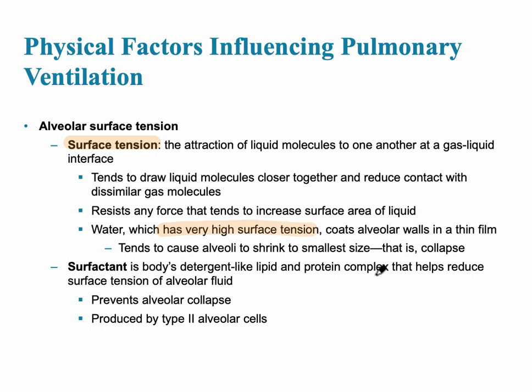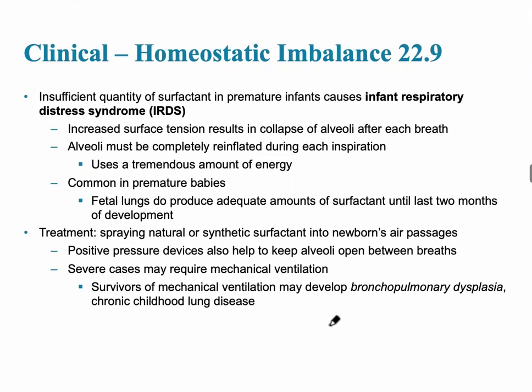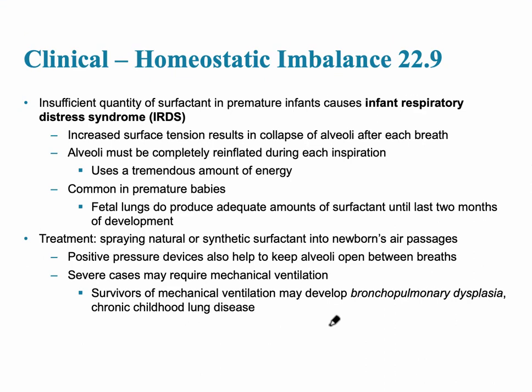However, thankfully, our alveoli have surfactant. Surfactant is a detergent-like molecule, produced by type 2 alveolar cells, cuboidal in shape, and it prevents alveolar collapse.